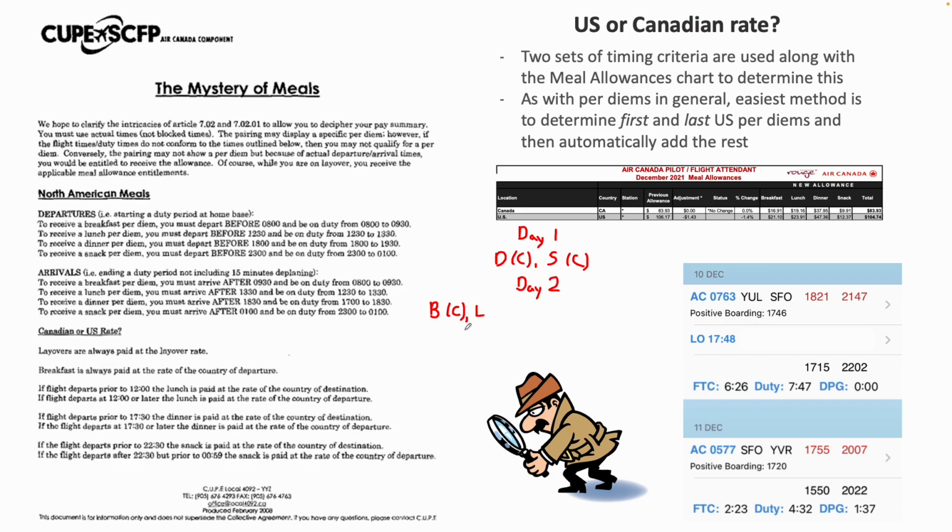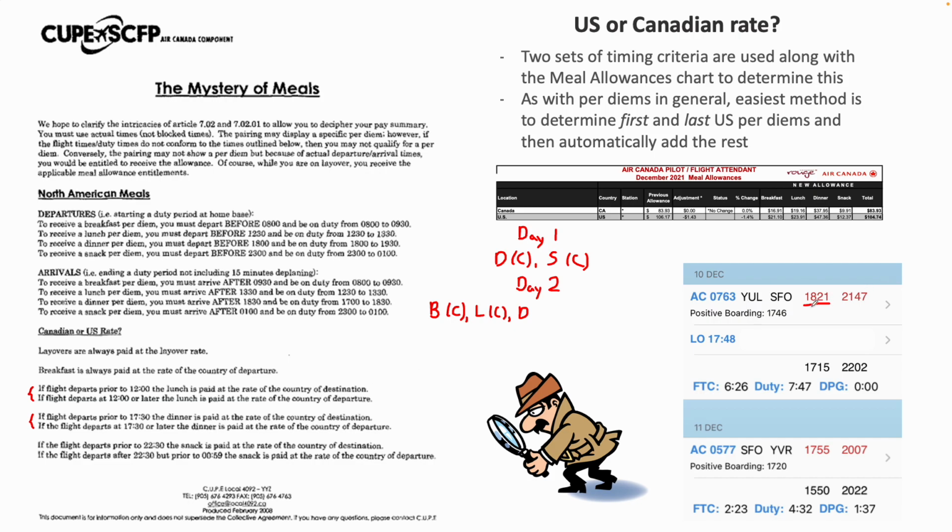And then for lunch, we look at the decision tree, where we're told that if the flight departs prior to noon, lunch is paid at the rate of country of destination. If it's noon or later, lunch is paid at the rate of country of departure. The flight departed at 6:21 p.m., which is long afternoon, so that means that lunch is also paid at the Canadian rate. When we look at dinner, the decision tree tells us to differentiate between before 5:30 p.m., and then 5:30 or later.